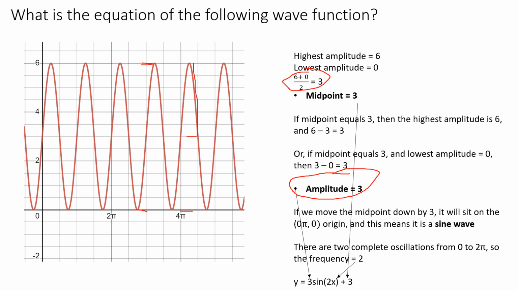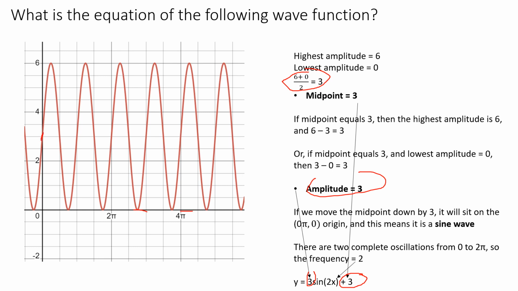So now we know, what can we make for this graph? Well, first, we know the midpoint is at 3, and there's that plus 3 right there. I've got my amplitude, which is also 3. So that puts this 3 in front. And let's see how many oscillations there are to get to 2 pi.